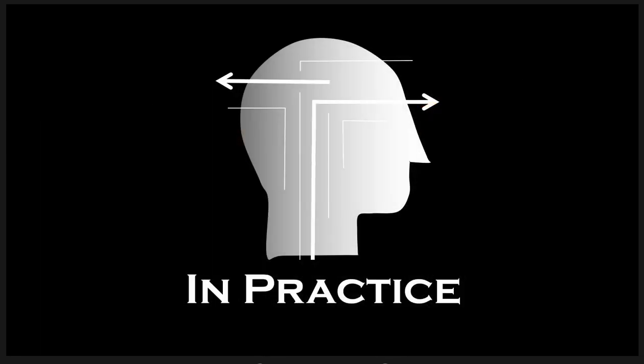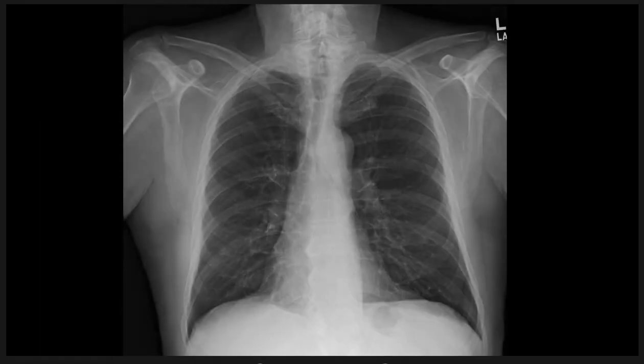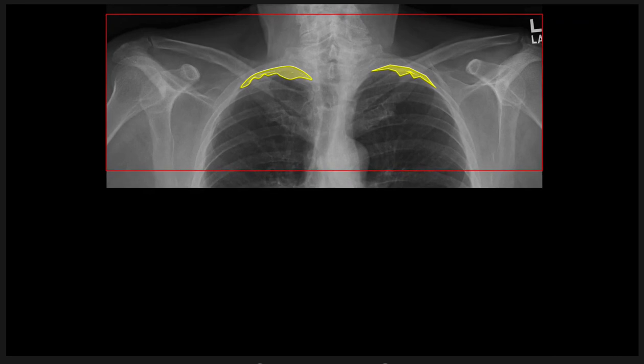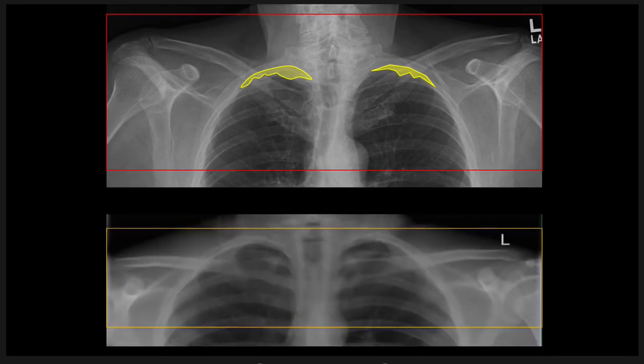All right, so let's take a look at a case here. Do a zoom up here at the apex. Whoop. All right, and we can see we've got really mild opacity there that's not black. Now compare that to a normal for you.